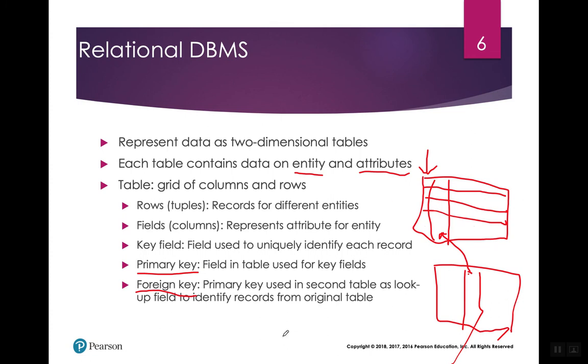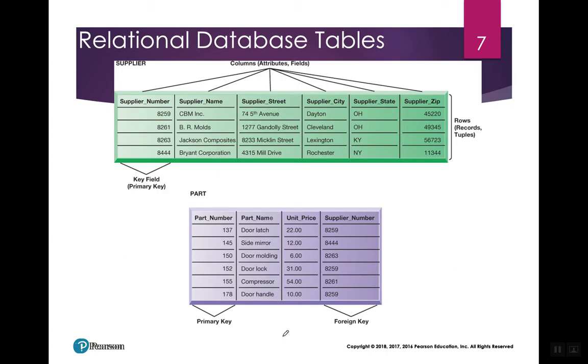Okay, so let's look at how that plays out. So this is an example. This is a better picture of a couple of relational tables. All right, so as you can see, we have a supplier and a part. So this is the supplier table that contains supplier data. This is a table that contains part data.